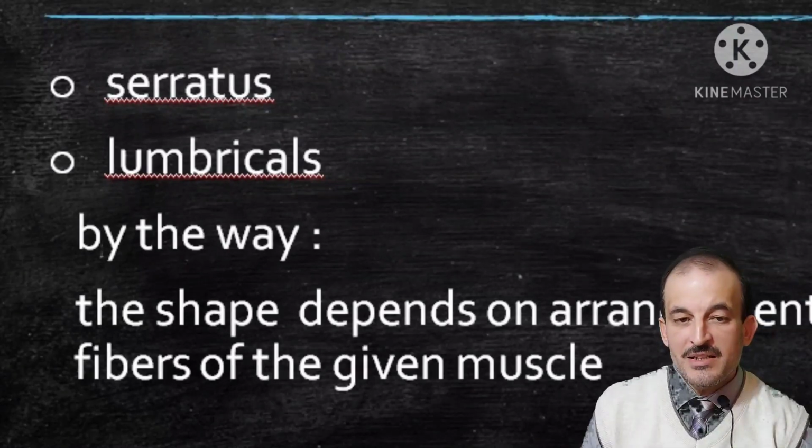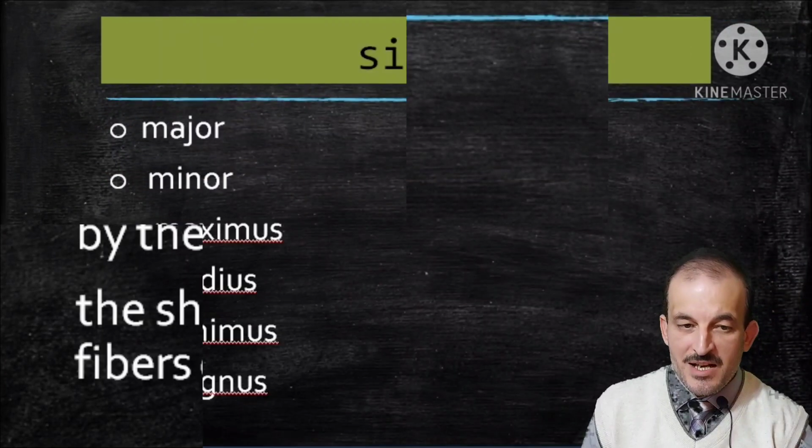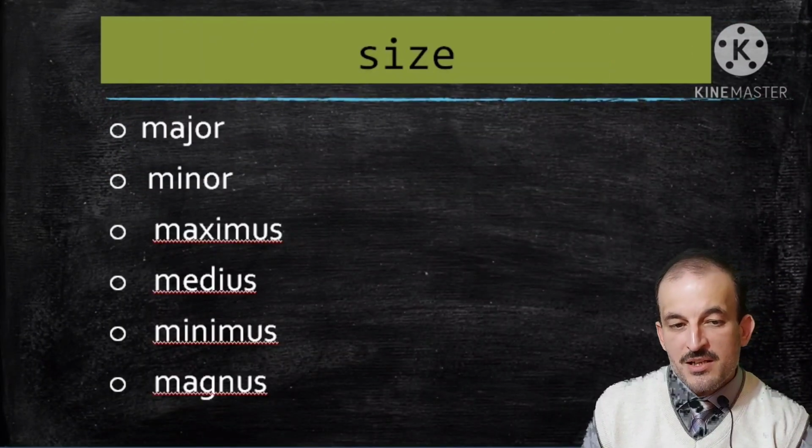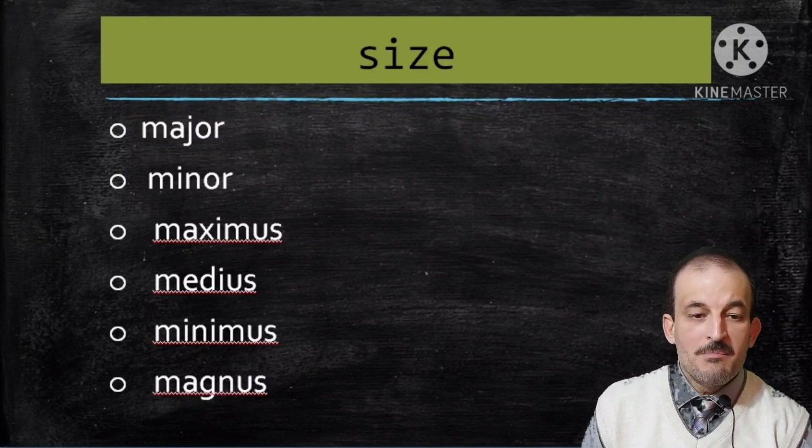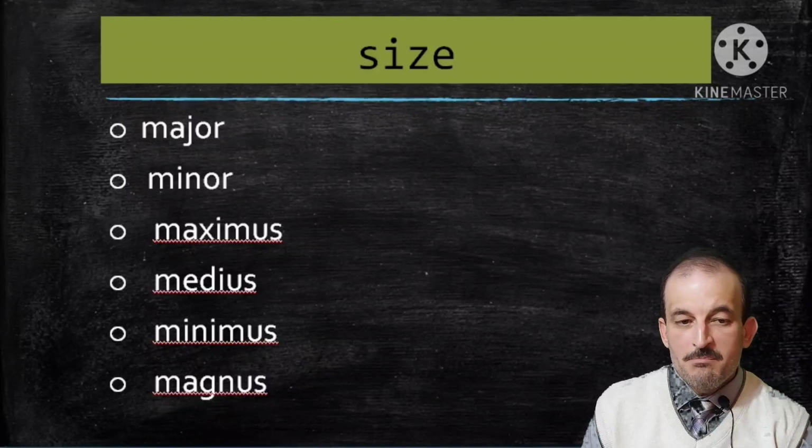Muscles that are named according to their size are called major, which is large, minor, which is small, maximus, medius, minimus, magnus.